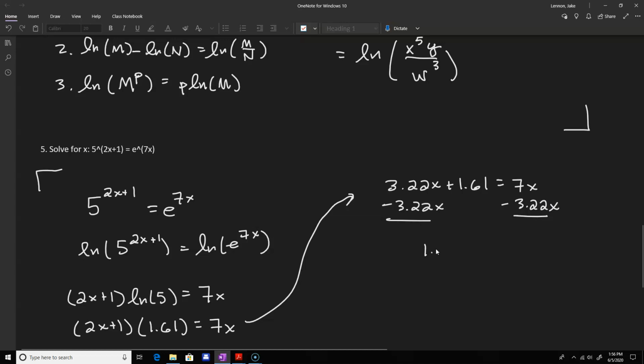So we get 1.61 equals 3.78x. Then we just go ahead and divide by that 3.78, and we get our final answer. So x is about, again, we did round, so keep that in mind, about 0.43.